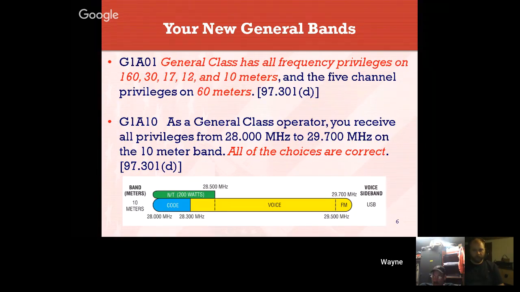When I lived in Sterling, Virginia, my buddy and I had a 10-meter repeater on the air. Because the duplexers are so large and they're a little bit cumbersome, let's put it that way.